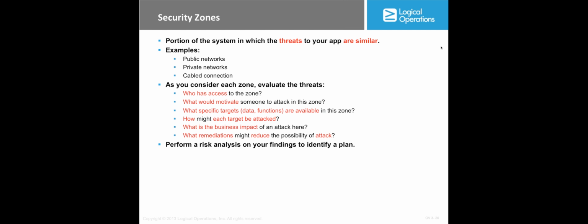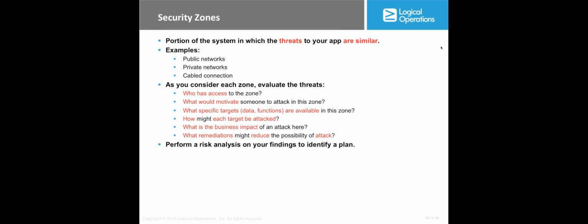As you consider these zones, you put them through the test. Who has access to the zone? Is it the public, or just this organization? Is it this organization and their vendors? What is the access level that I'm dealing with? What would be the possible motivation?